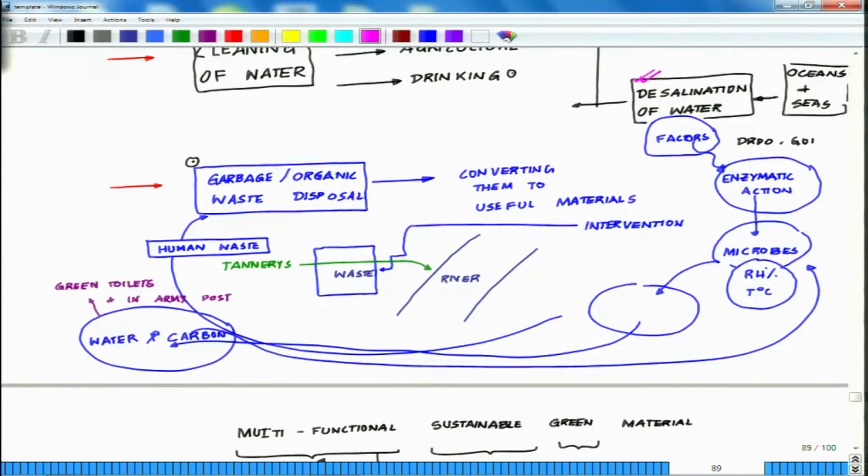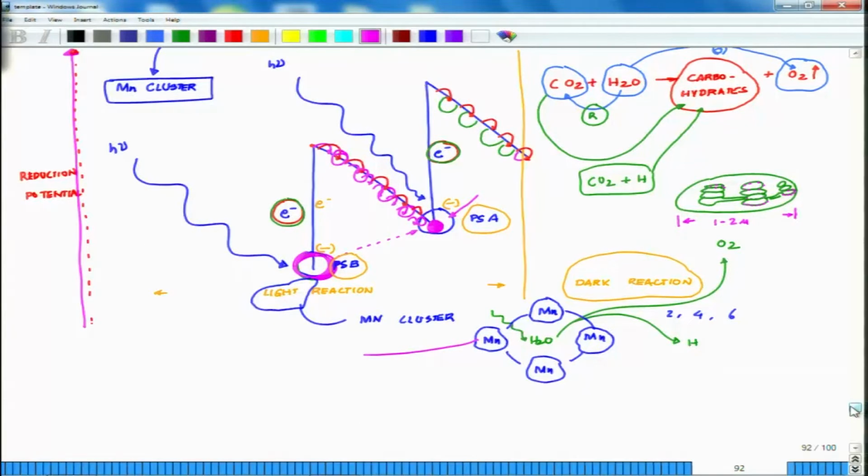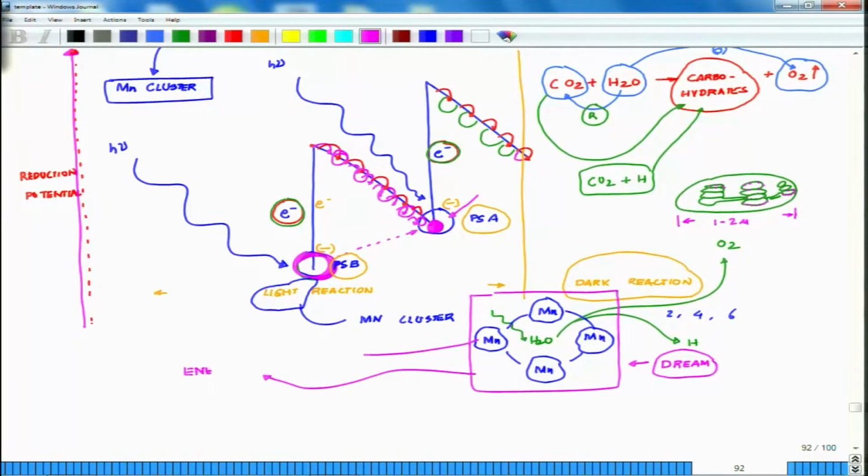So, now talking about photocatalysis here, emulating the manganese cluster, this is a dream. The day mankind will be emulating the manganese cluster, this will be the D-Day for energy and environment.